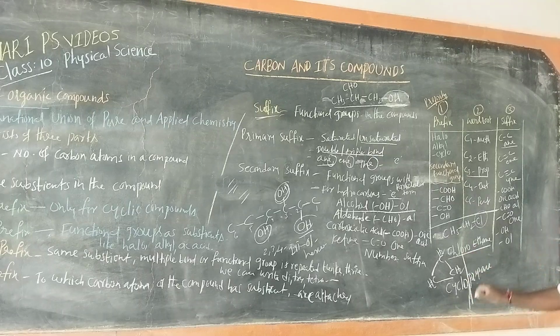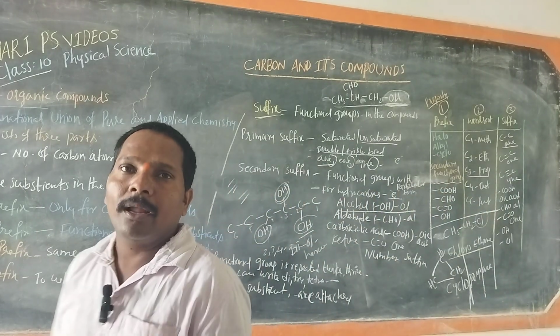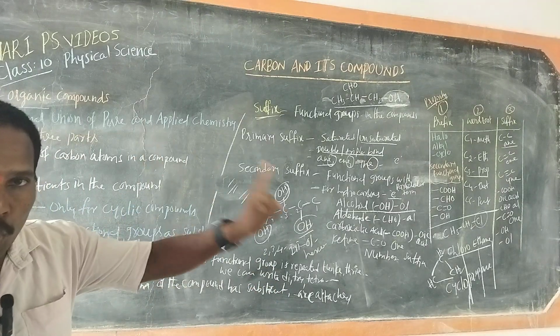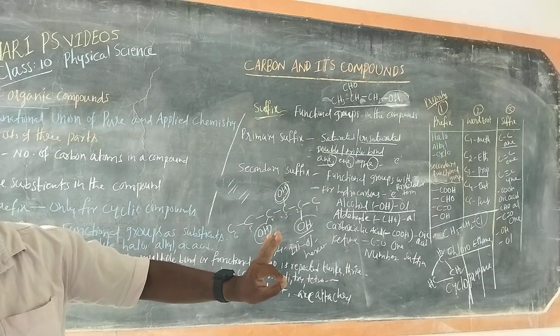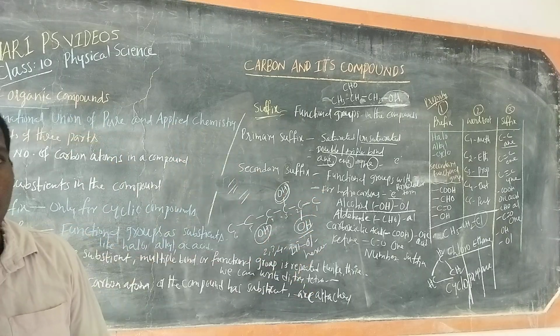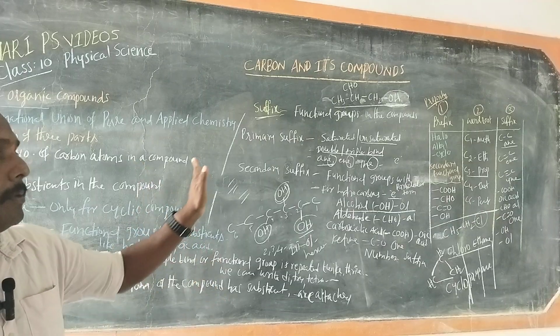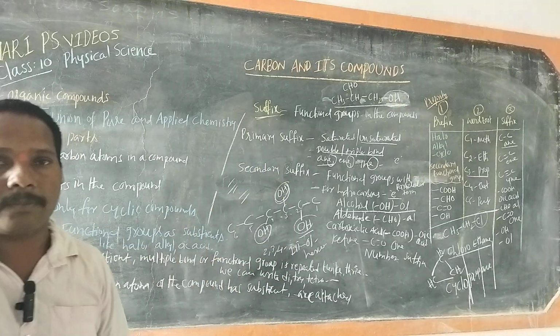Here cyclo is the prefix, prop the word root, ane the suffix. So every organic compound has 3 parts: prefix, word root, suffix. While writing a name for an organic compound, the first part is the prefix, the middle part is the word root, and the third part is the suffix.